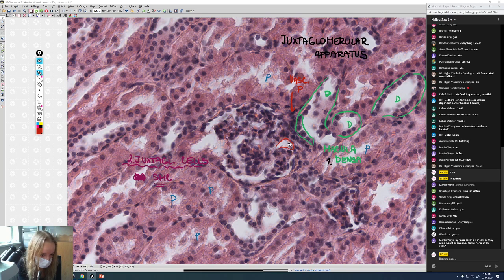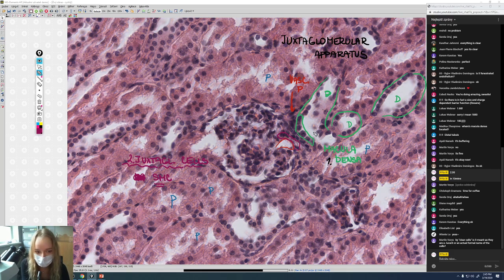We don't know which one, but probably one of these arterioles. So the cells that are the closest to this arteriole right here, probably these cells, should be juxtaglomerular cells. The modified smooth muscle cells of arterioles which are there.